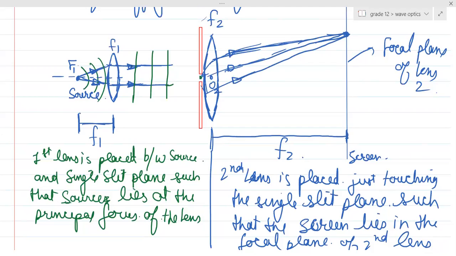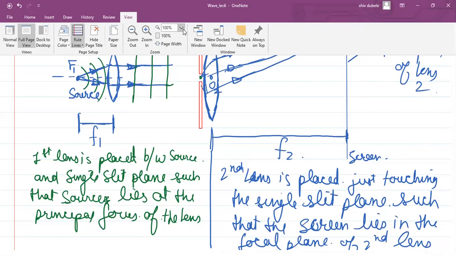Guys, shall we start analysis of diffraction by single slit? Whenever you're done writing, just tell me. We'll start analyzing this thing.